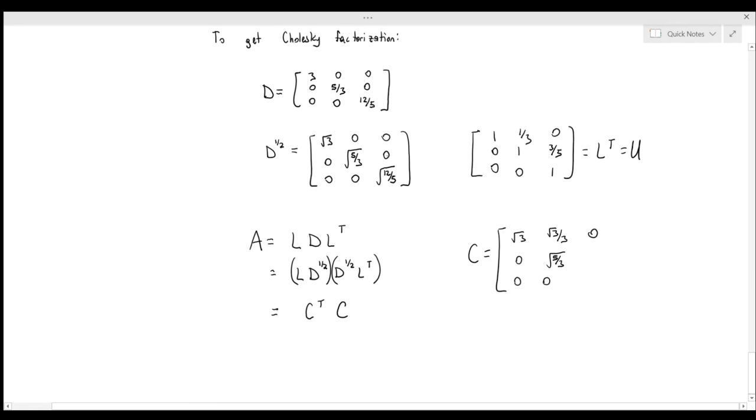And then row times column. So it looks like that would be 3/5 times square root of 5/3, which I suppose we could simplify, but maybe I'll save that for the end. The last entry will be this row times this column, which will give me square root of 12/5.